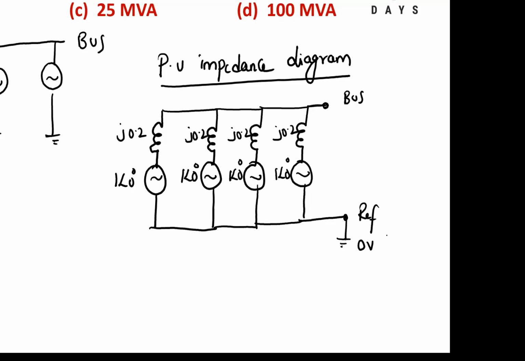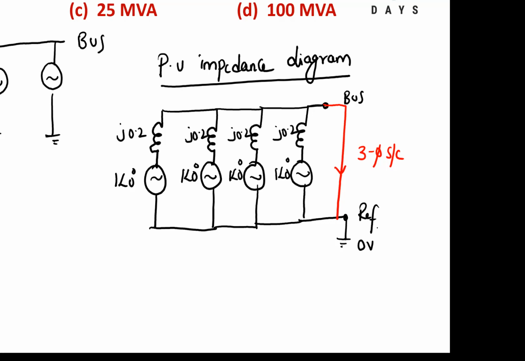So this is the per unit impedance diagram for the given system. To calculate short circuit MVA, we have to simulate which fault? Three-phase short circuit fault. We have to simulate three-phase short circuit fault.